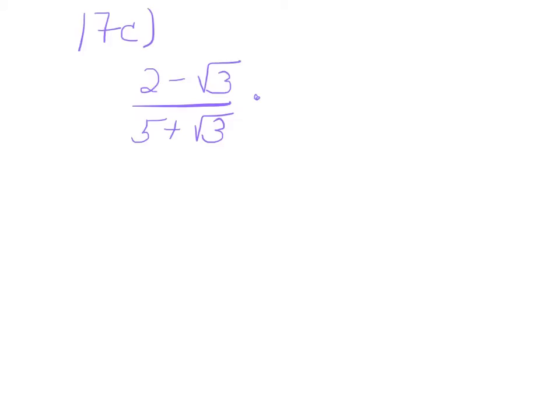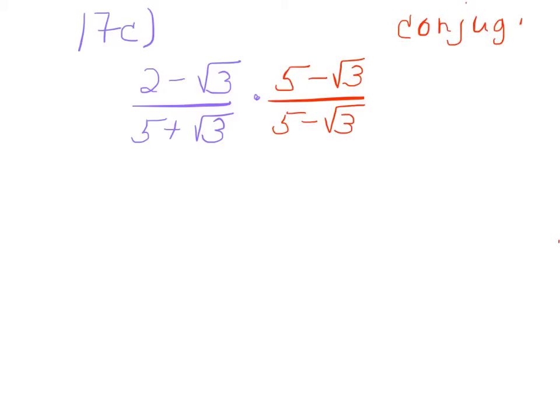So I'm going to choose 5 minus the square root of 3 over 5 minus the square root of 3. We know we call that the conjugate. Sorry for my handwriting. All right, and then when we do that, we have to FOIL this.